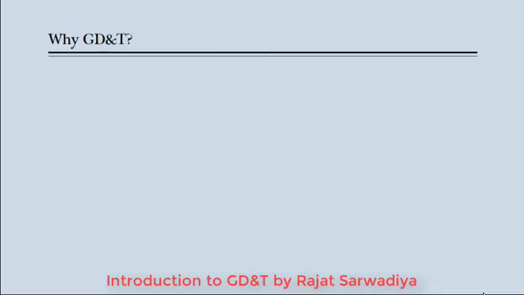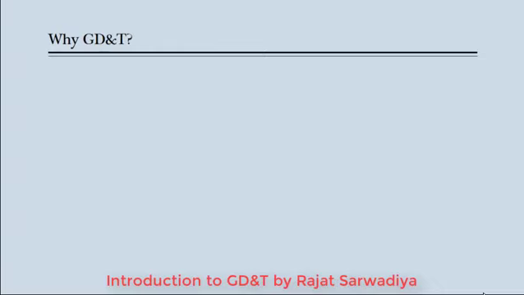For you, if you want to get a job, clear any competitive exam, or crack an interview, then yes, you need GD&T. But why do industries need GD&T? Why did they adopt it? Why do we have to apply tolerances to this?